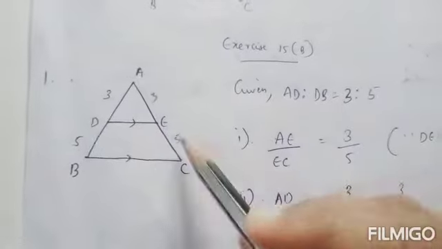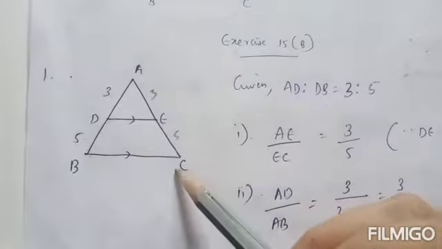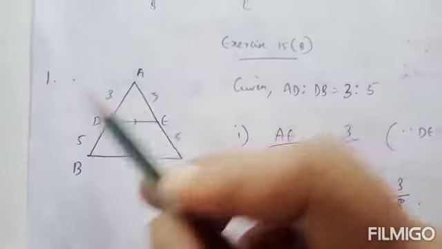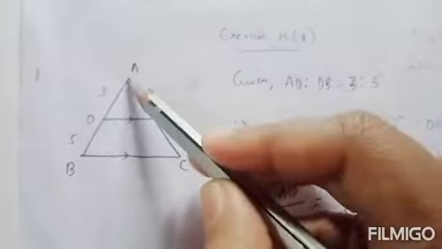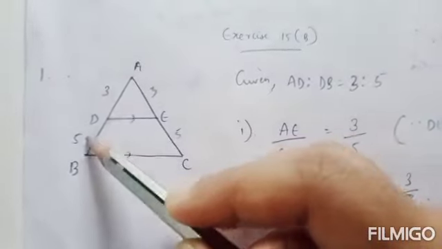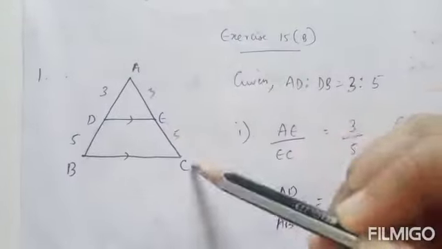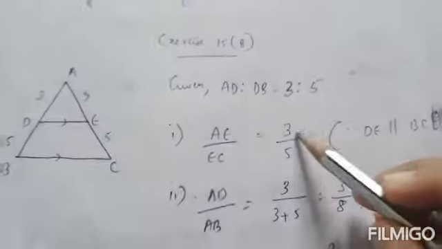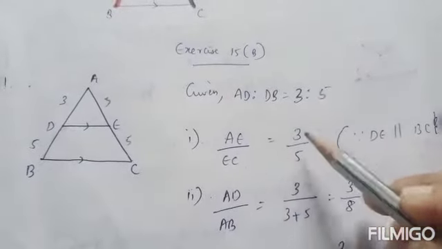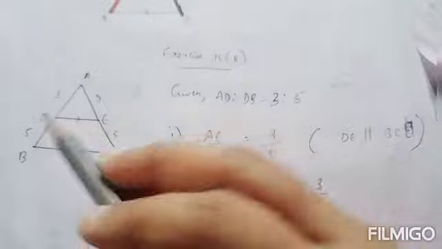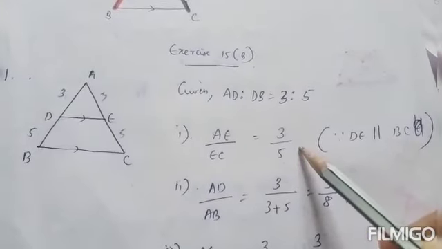If we draw a line parallel to one side of a triangle, then this line divides the other two sides in the same ratio. So if the ratio of AD by DB is 3:5, then the ratio of AE by EC will also be 3:5, that is 3/5, since DE is parallel to BC, by the basic proportionality theorem.